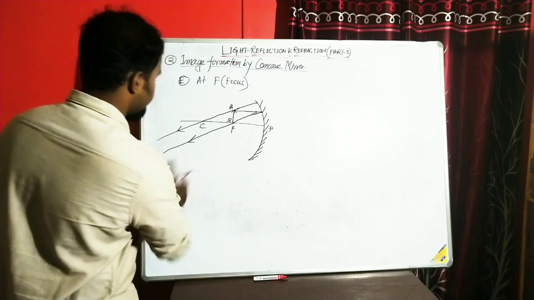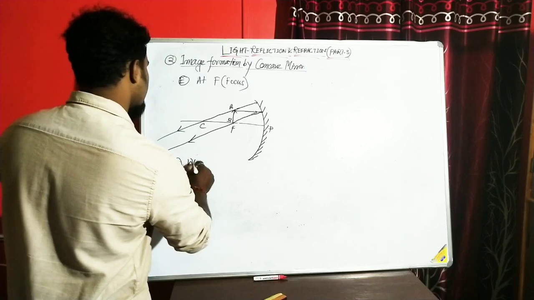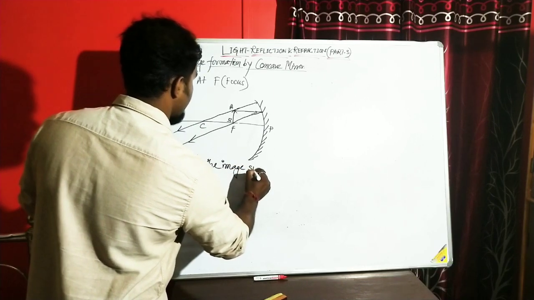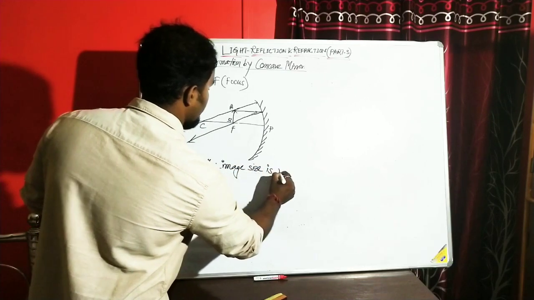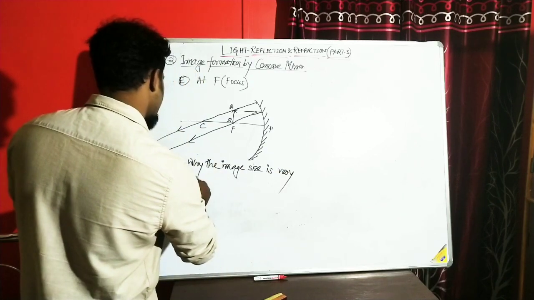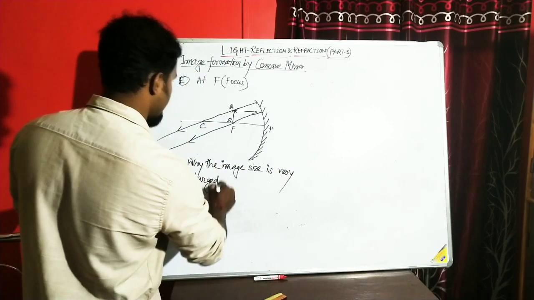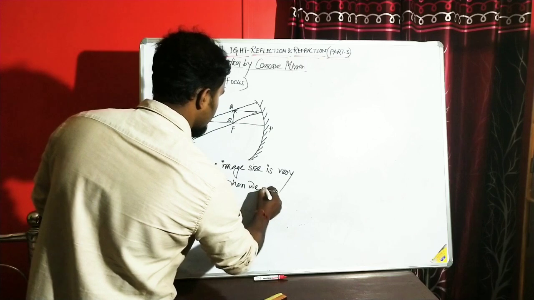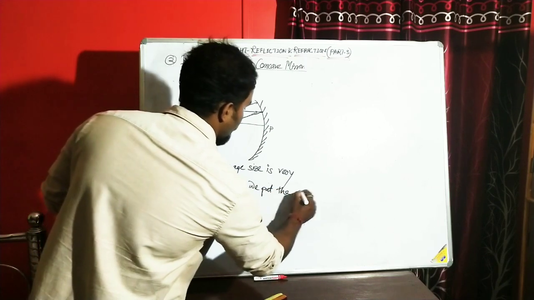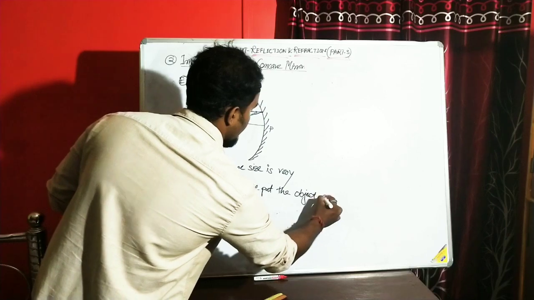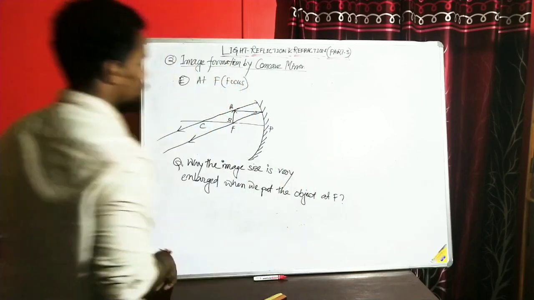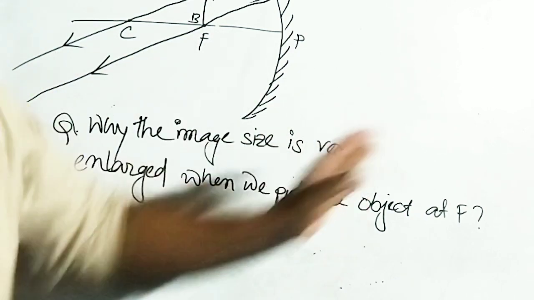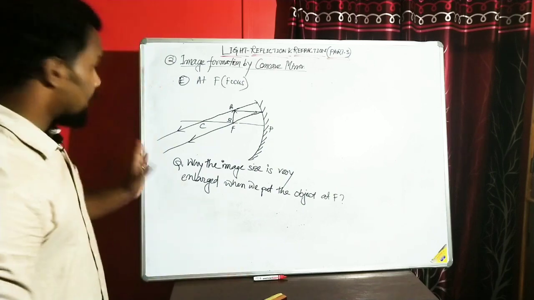My question is: why is the image size very enlarged when we put the object at F? That means, why is the image size very enlarged when we put the object at focus? Okay, I need the answer.